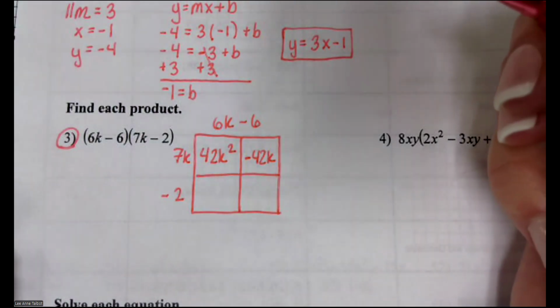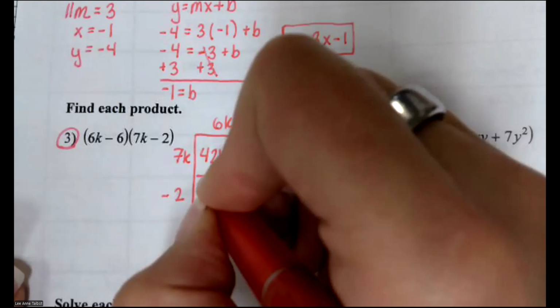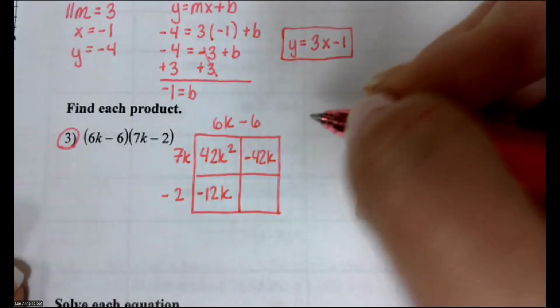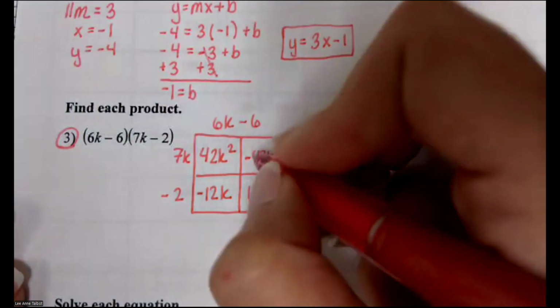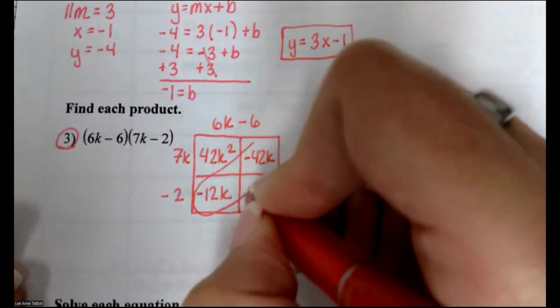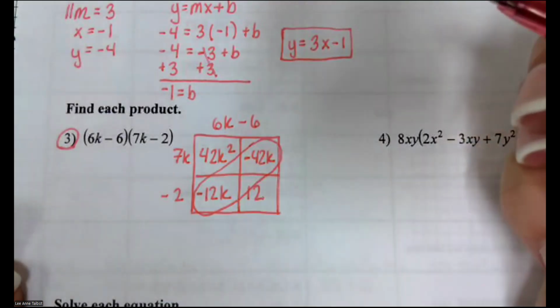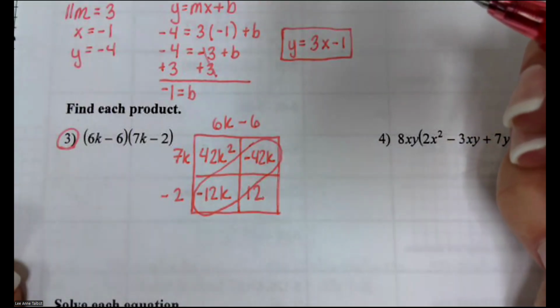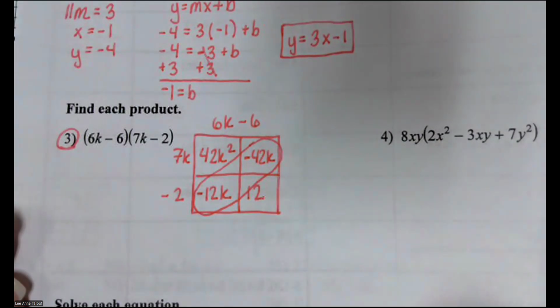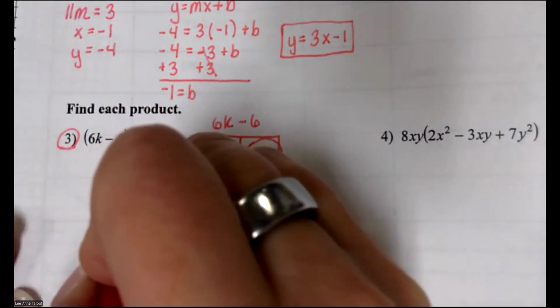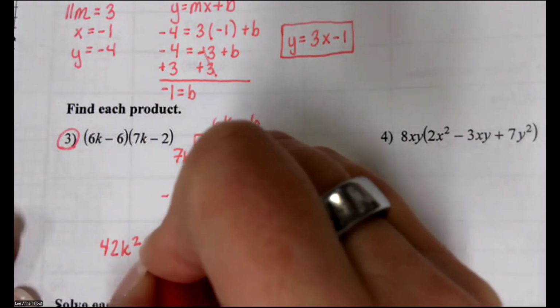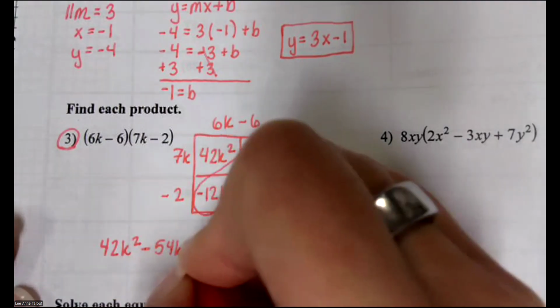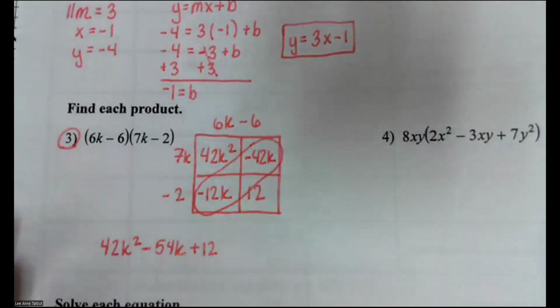These are some weird numbers, but that's okay. -12k, +12. Those two are like terms, so I'm going to add them together. 42k squared minus 54k plus 12.